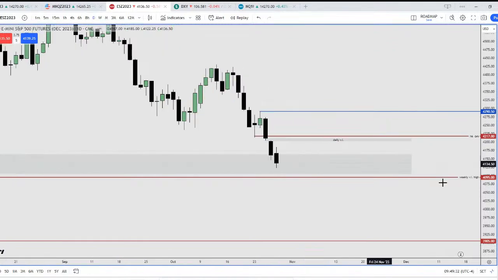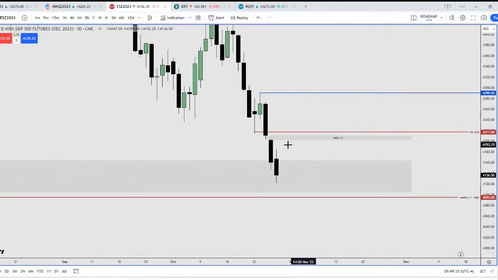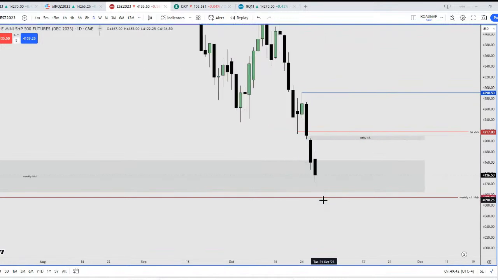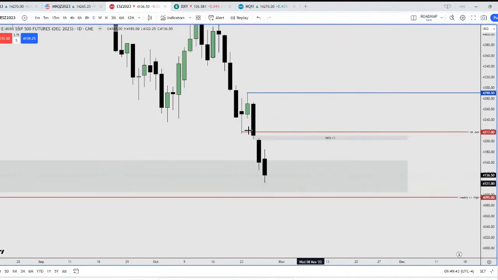Okay, likewise, it might come back into this daily volume imbalance for a short into the weekly volume imbalance high. Okay, any trading above this invalidation, I mean this order block here, I will be on the sidelines 50-50. Okay, I don't really want to see this order block traded through.